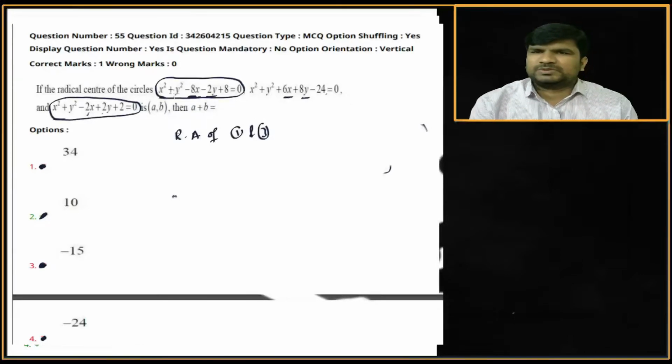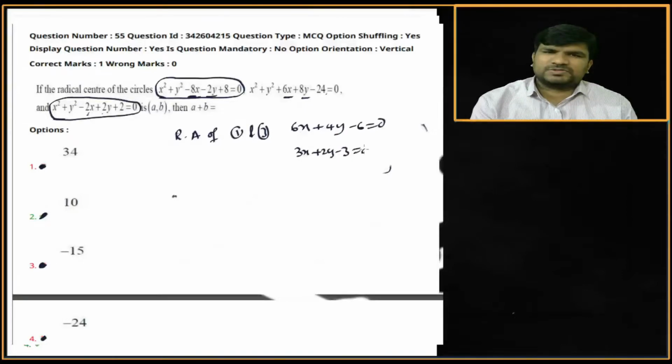The x squared terms get cancelled, the y squared terms get cancelled, minus 2x minus of minus 8 gives minus 2 plus 8, which is 6x, and 2y minus of minus 2 gives 2 plus 2, which is 4y, 2 minus 8 is minus 6, equals 0. If you divide by 2, it becomes 3x plus 2y minus 3 equals 0. Equation 1, the radical axis of 1 and 3.